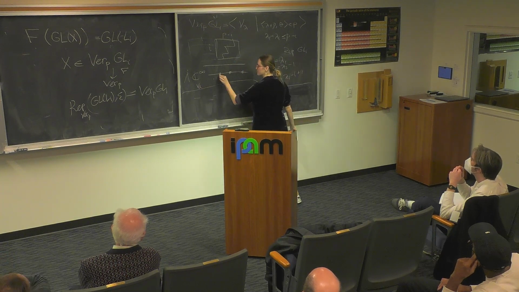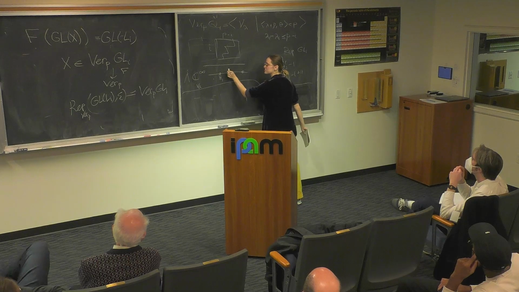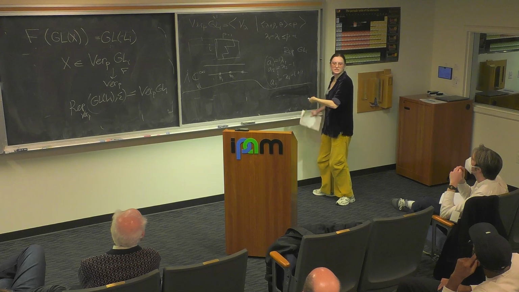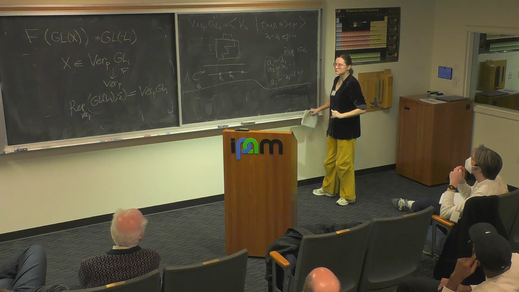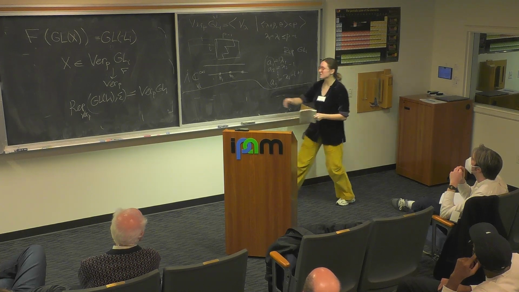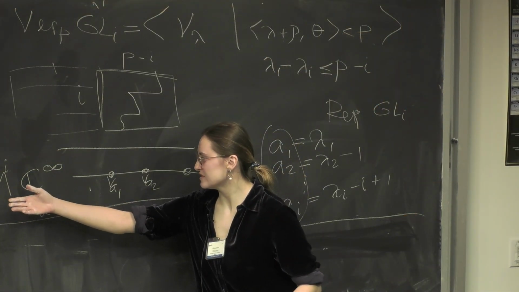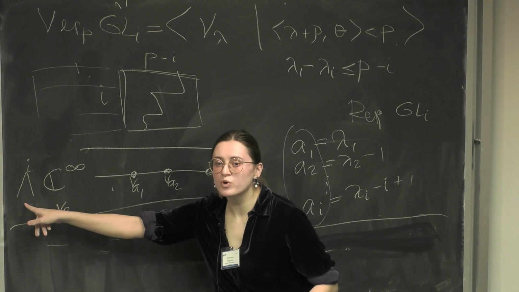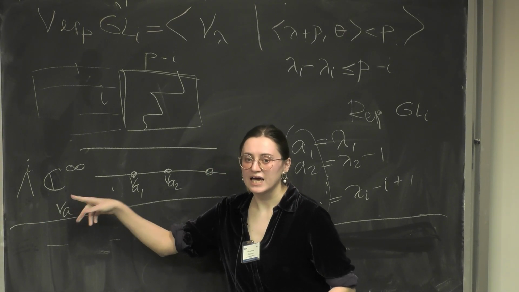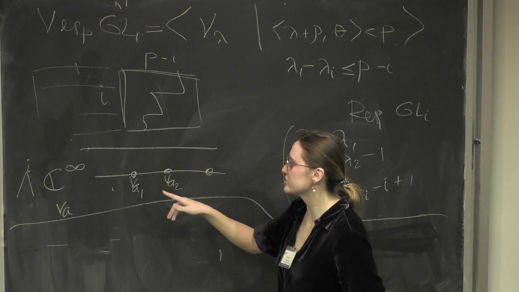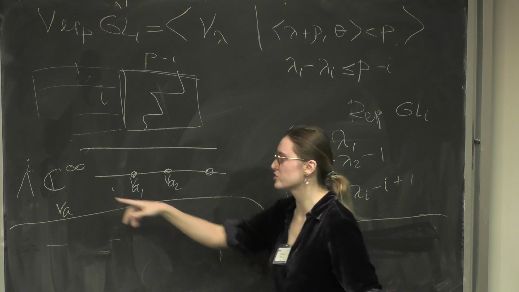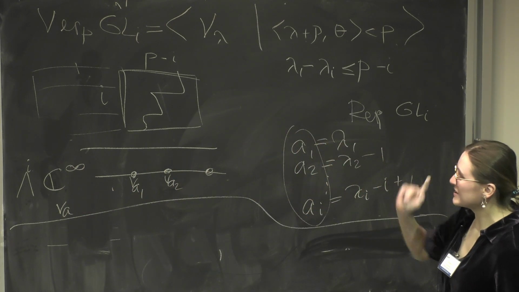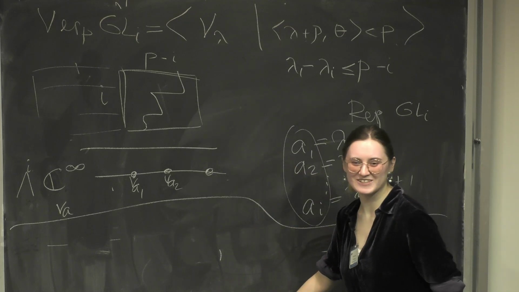Then you can look at VA1, VA2, and so on, using these AIs, and then you can encode your highest weights by the I's power of the infinite thing. You might have seen this. This is like some categorical type A action of SL infinity, and it gives you this picture. And I wanted to say what sort of picture you get for Verlinde P of GLI.